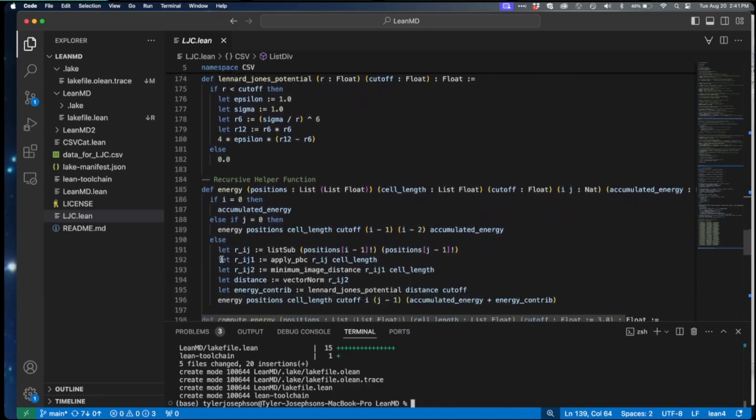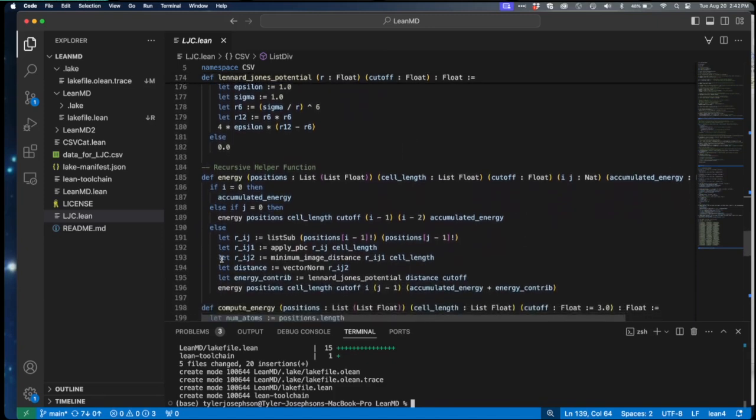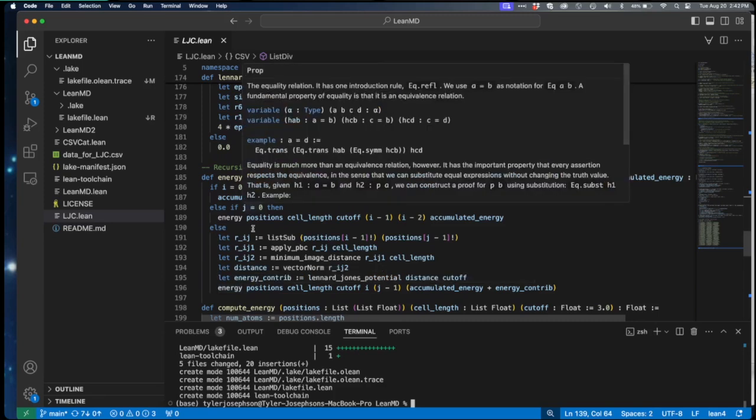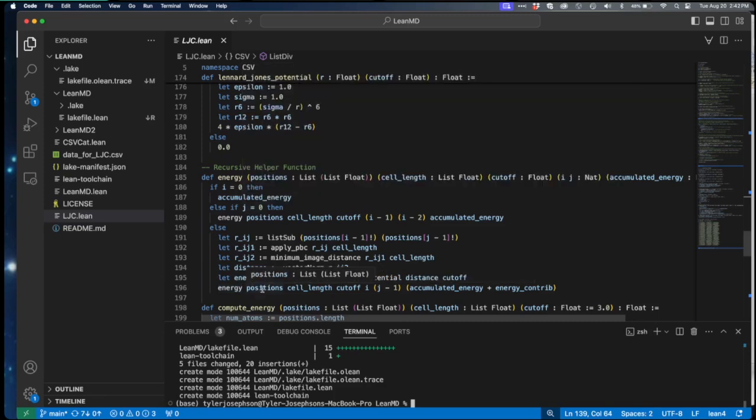So we do a sum over pairs of all the particles in the system, and we invoke the distance to get the calculation. We invoke the PBC. We invoke the minimum image distance. We invoke the Lennard-Jones potential with the distance and the cutoff, and then we ultimately return energy. So it's a recursive function call where we return energy itself, but now we are accumulating an energy contribution from one of the pairs, and i, j minus 1, okay, ultimately passes through here.